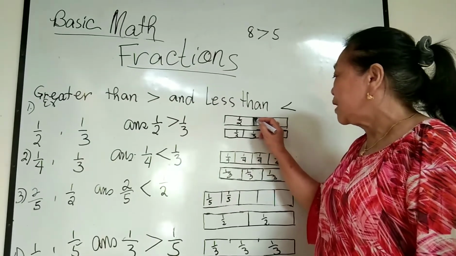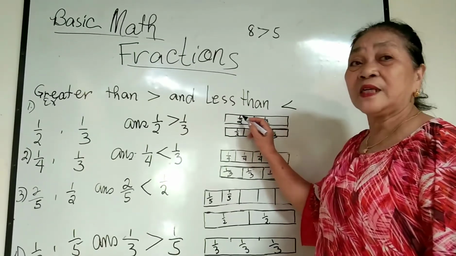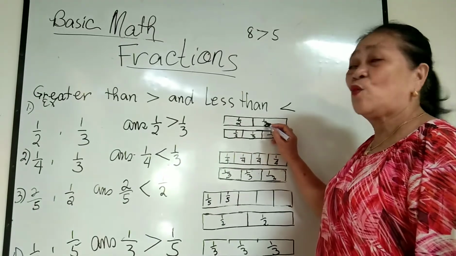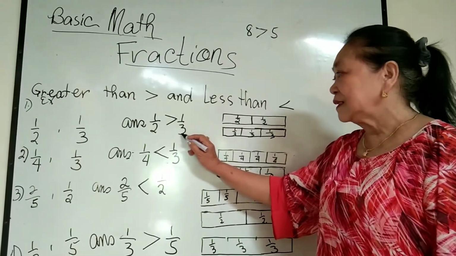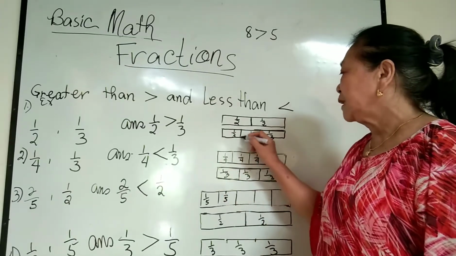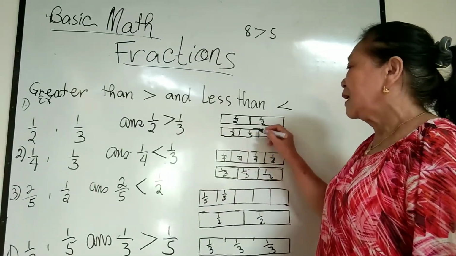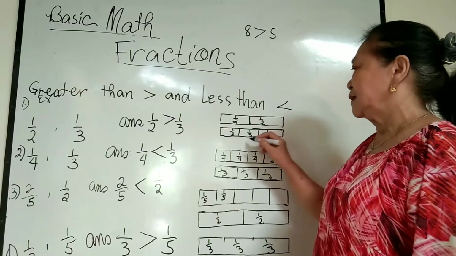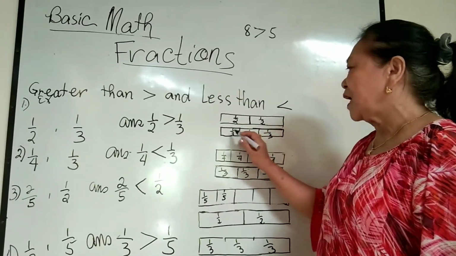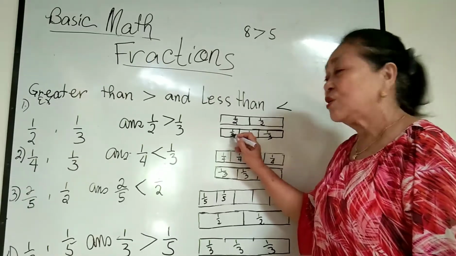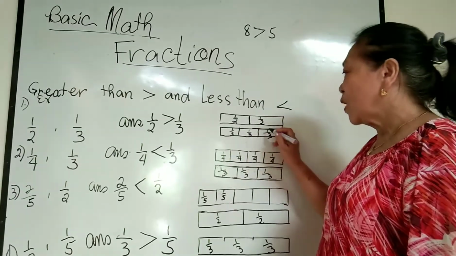When we divide, this part here is 1/2 and the other one is 1/2. This tells us the denominator, how many times we divide. So if this is 3, you divide that by 3 and this part here is 1/3, 1/3, 1/3.